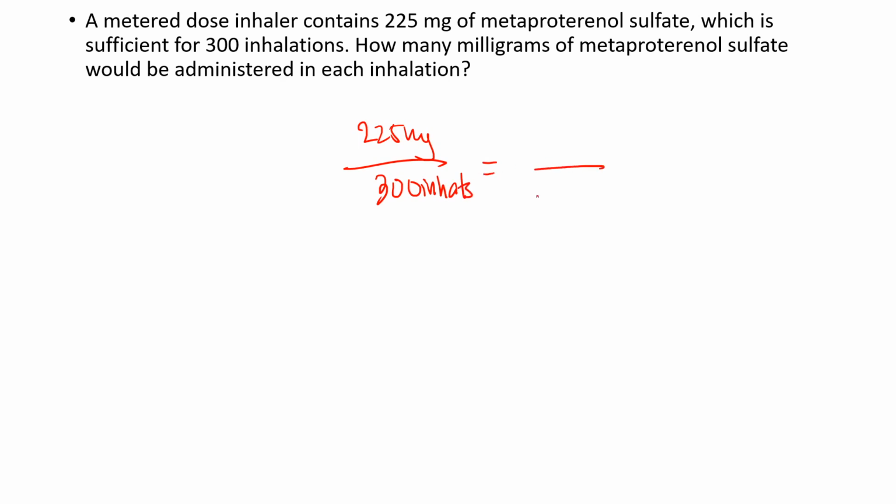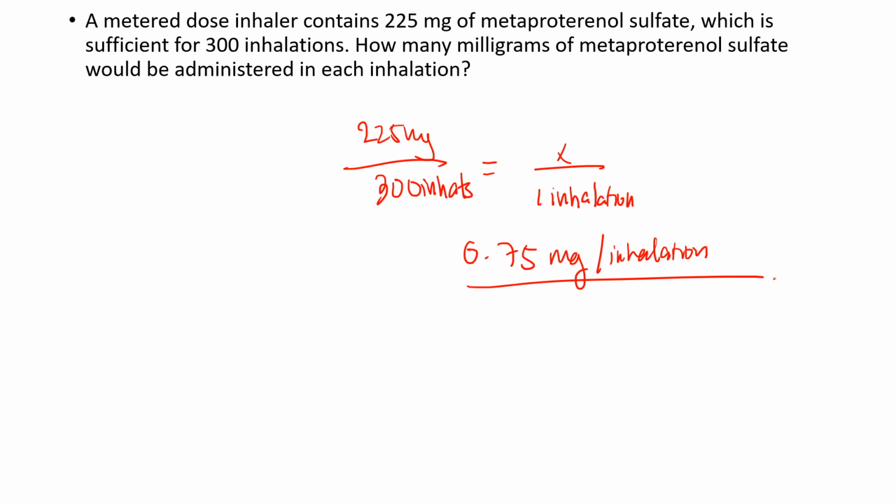So you only need one inhalation. All you have to do is divide 225 by 300. By simplifying the ratio, you can already have the amount of milligrams per inhalation. So this is relatively easy. Or you can continue with ratio and proportion, whichever suits your taste.